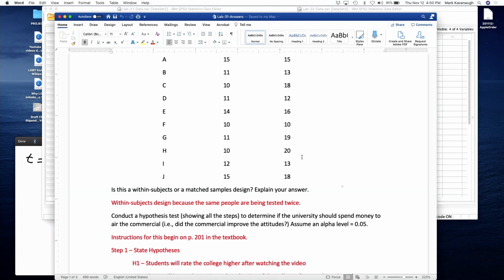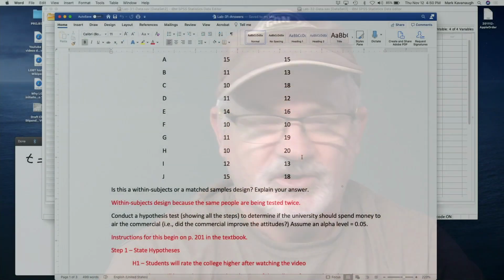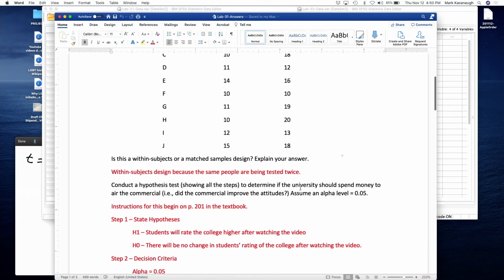Now, we're going to go into the steps that are outlined on page 201, and walk our way right through the design of this experiment, and I'm going to use SPSS to compute the t-score. So we'll look at my answers here, see if you came up with the same thing.